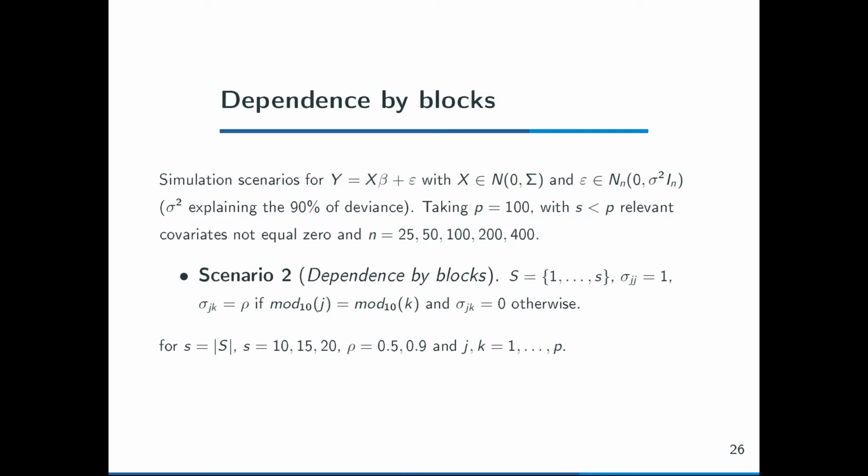No, we have chosen the noise in order to display the 90% of the deviance, with the objective of being able to test how the estimations of the model are. We are going to search for algorithms able to recover the relevant covariates, interpreting the dependence structure of the data.